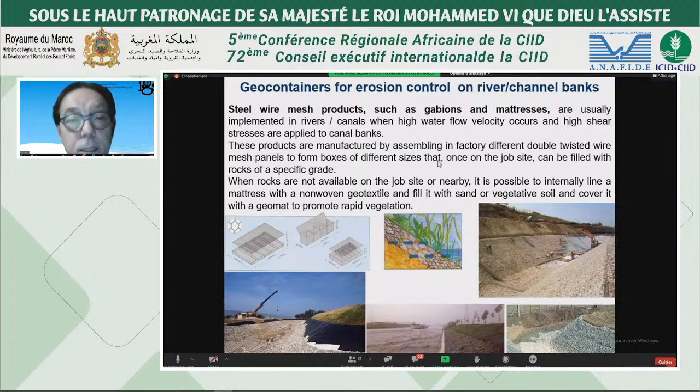Ces gabions peuvent être utilisés lorsqu'il y a une grande vitesse de déplacement de l'eau à travers le canal, et les produits sont mis en place par l'assemblage de gabions et de matrices remplis au niveau requis, avec des roches.